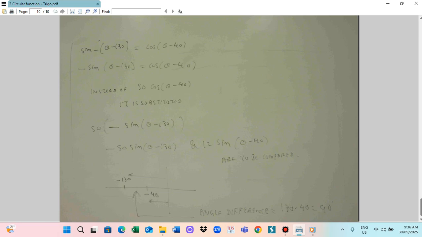Here we take the minus out, so theta minus 130. So then we use minus sine theta minus 130 equal to cos theta minus 40.